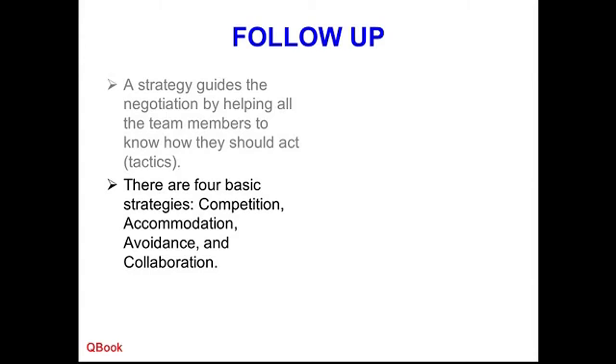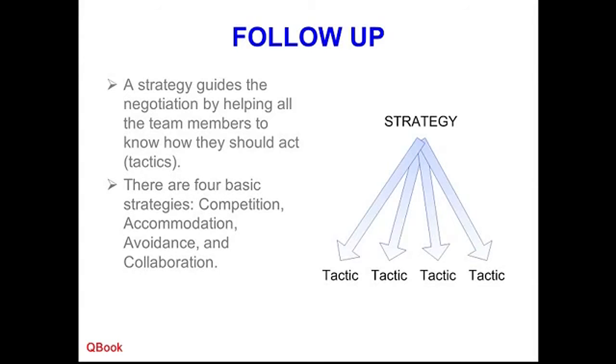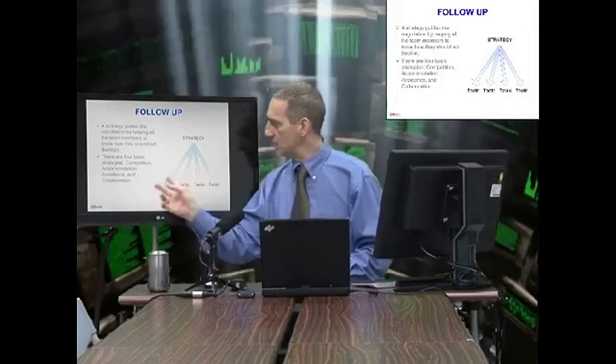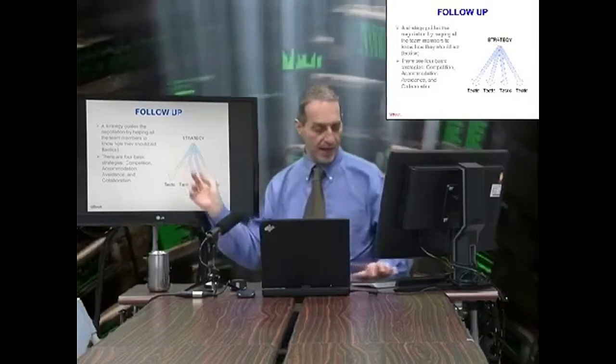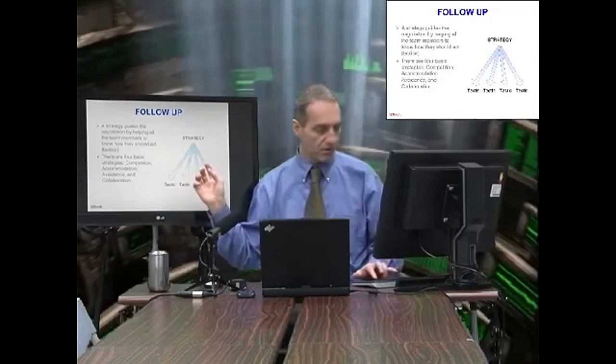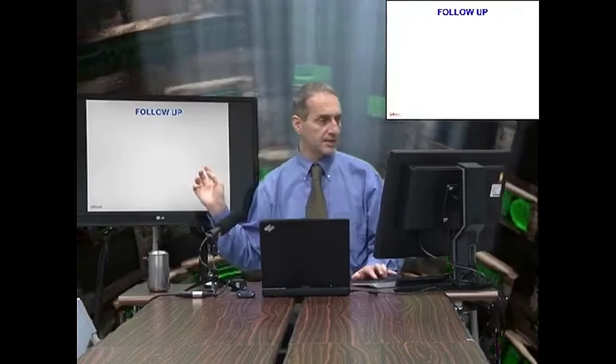Now, there's an easy way to remember that. Strategies lead to tactics, as this picture here shows. We have a strategy, and that helps us decide how do we act, how do we behave, what are the things we do that the other side sees.